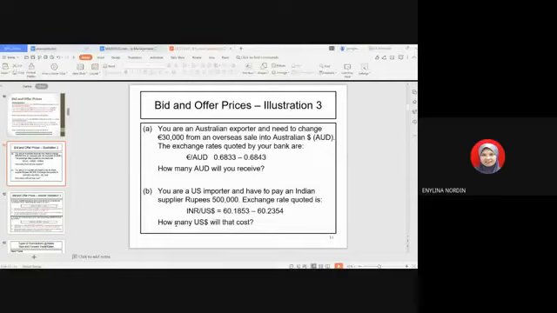Okay, so first step, you need to know whether the US company here, the importer, will buy or will sell the rupees. So here, the company wants to convert the US dollar into rupees, right? Because the US company wants to pay in rupees. So that means the company will buy rupees from the bank.